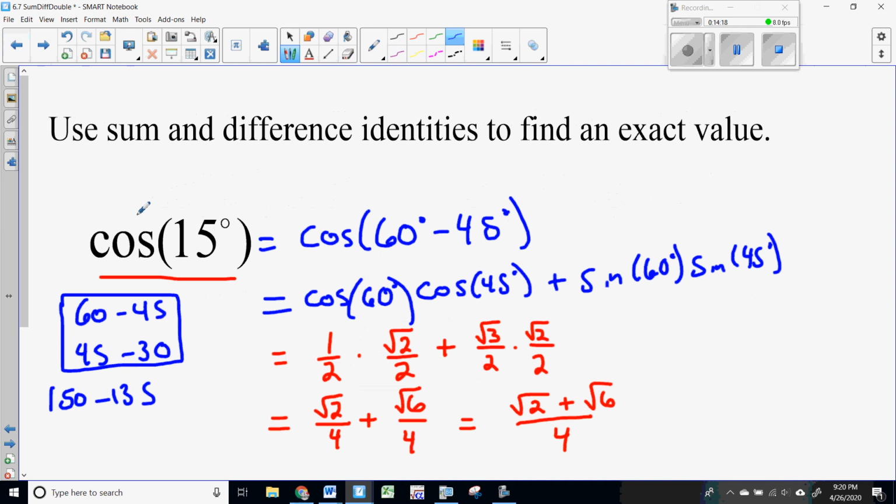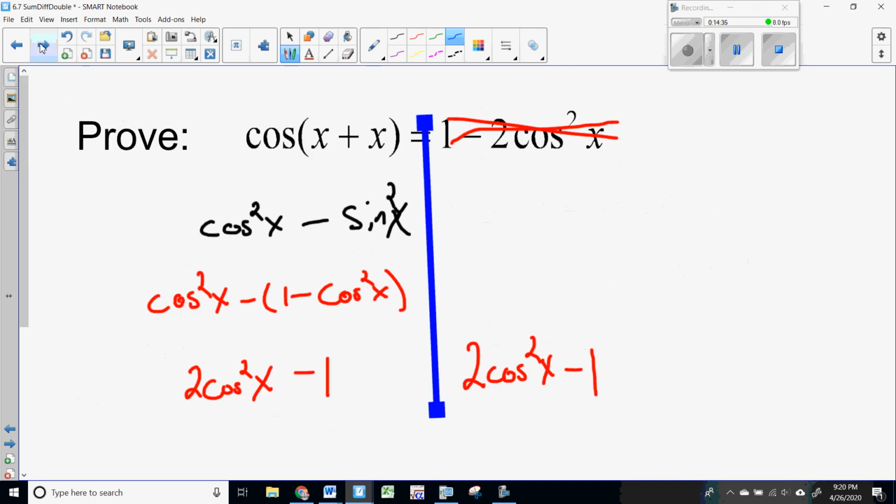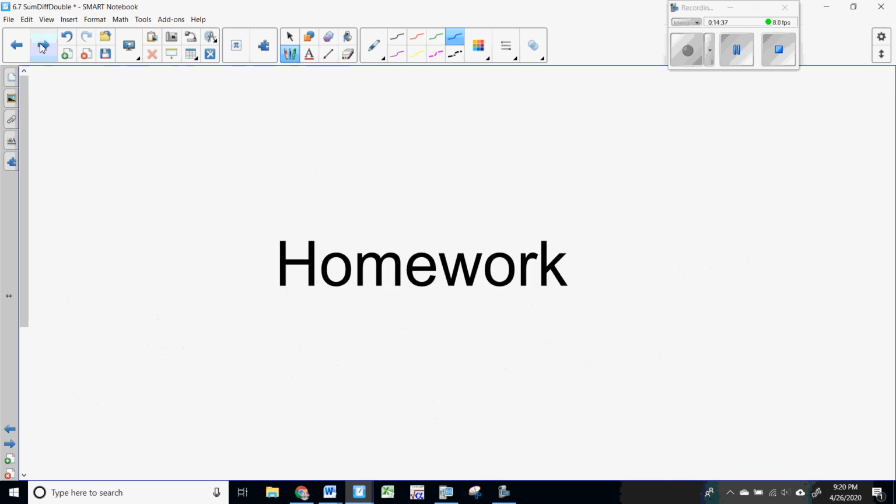Then we're going to have a couple where we have a number like 15 where you have to figure out how to use this to find your unit circle values by adding and subtracting. Try to just use your angles between 0 and 90 to make it easier. All right, you are now ready to do your homework over the sum and difference identities and our double angle identities.